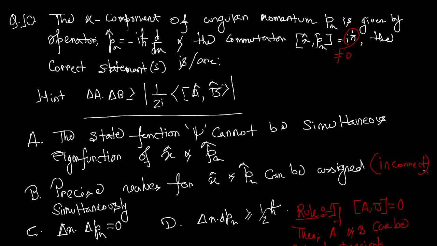Now easily you can tell that a dot b should not be 0. So this option is also incorrect.